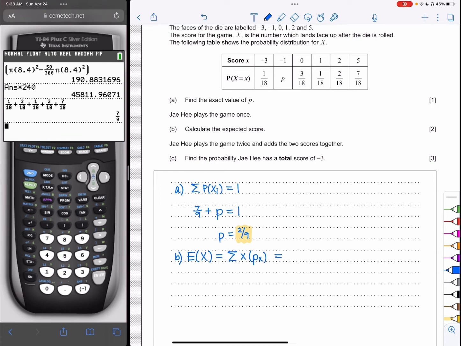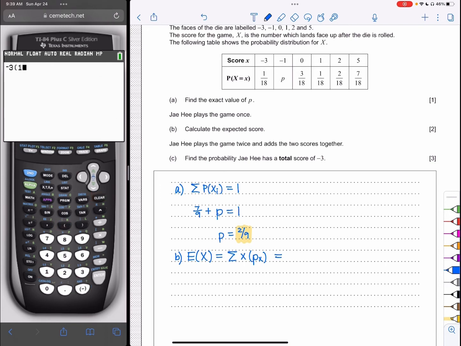So if I were to do that, all I would need to do is take -3, multiply by 1 over 18, and add it to -1 times the probability that you would get that, which is going to be 2 over 9, plus we already know 0 times 3 over 18 is 0, so we don't have to type that in, plus 1 times 1 over 18, which we know is just 1 over 18, plus 2 times 2 over 18, plus 5 times 7 over 18.